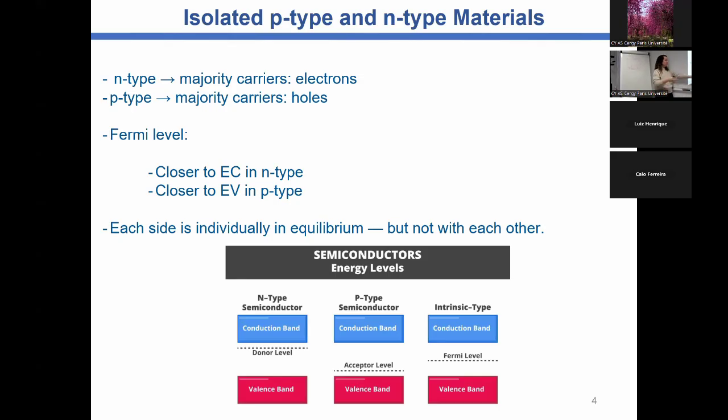We can represent the material overall with this sketch here, but it's not a physical sketch, it's just a didactic sketch. In terms of the Fermi energy, we will have the Fermi level close to the conduction band in the n-type semiconductor, and in the p-type semiconductor, we have the Fermi level close to the valence band.